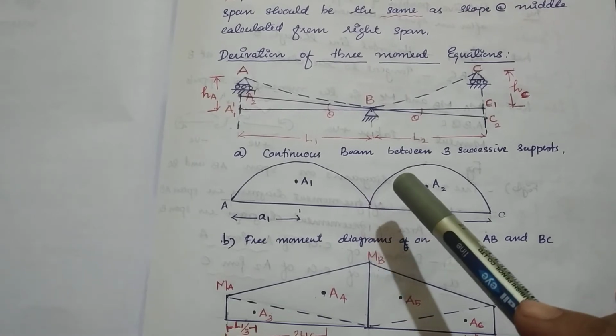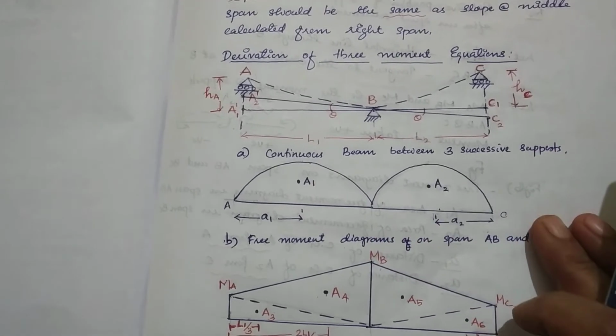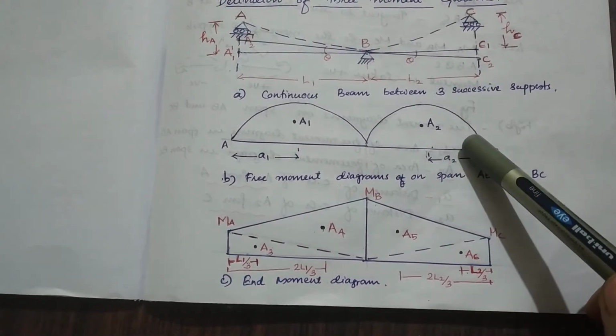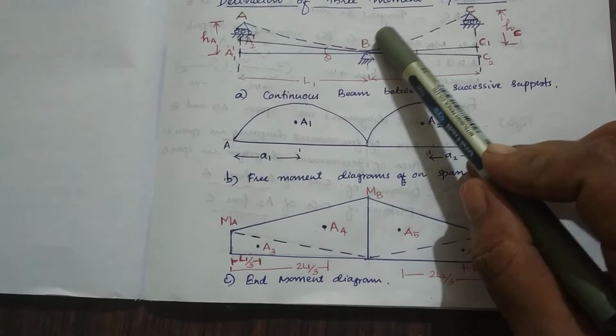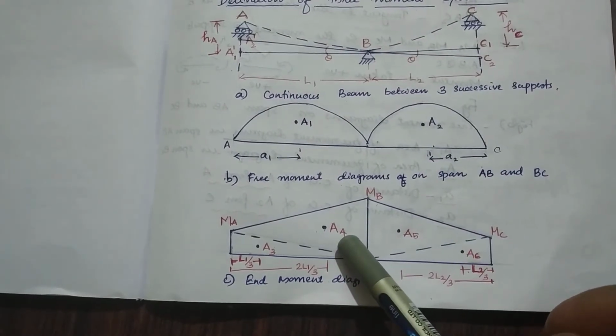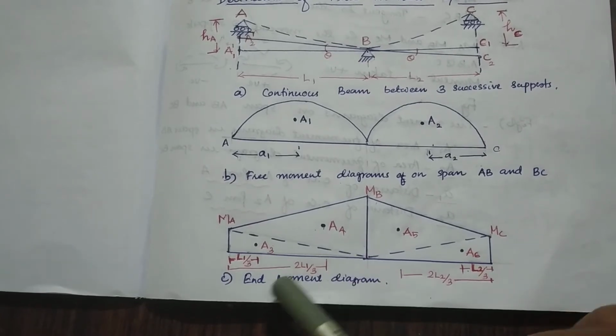Using this consistency condition we can derive an expression, and that expression is called the three-moment equation. For the derivation we consider three diagrams. The first diagram deals with the moment due to external load, and the second diagram deals with the moment due to fixed supports.